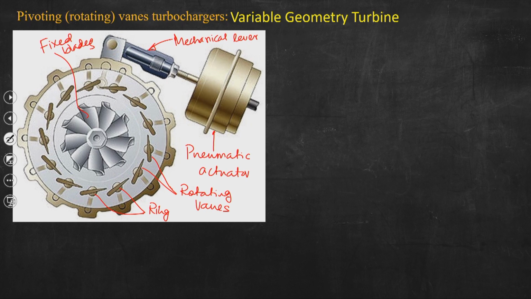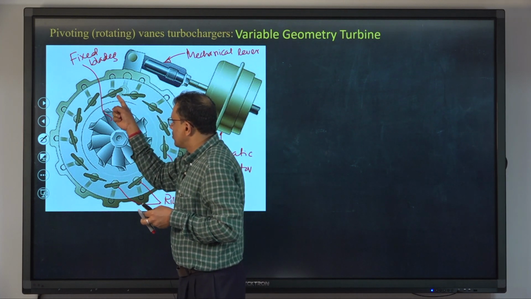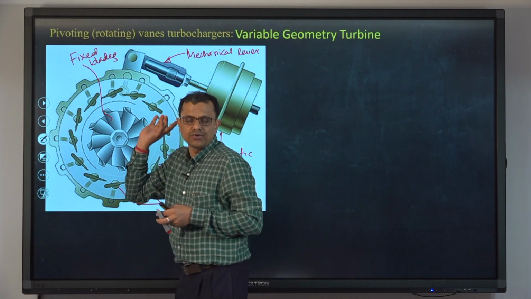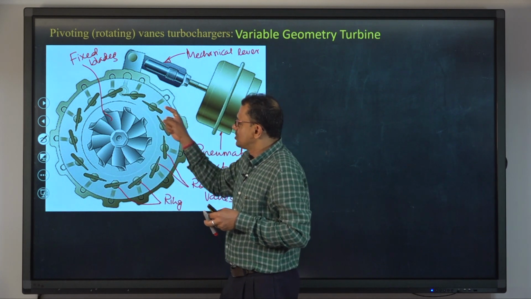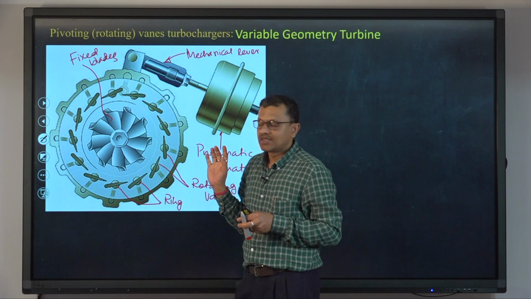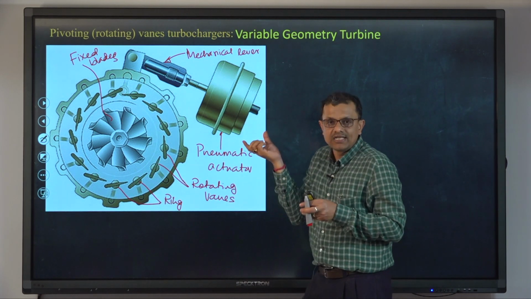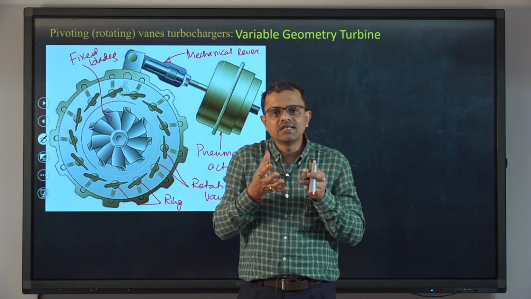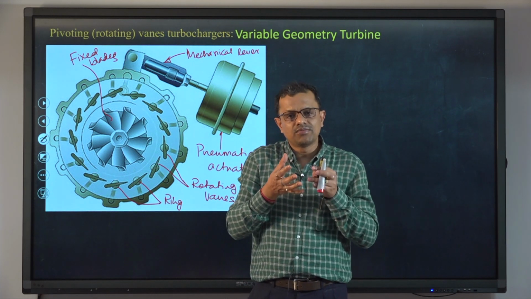As I said, these vents are rotating vents which are pivoted on the ring, which is adjustable, and we can control the passage between two consecutive rotating vents through this adjustable ring using this pneumatic actuator. The pressure inside this pneumatic actuator is controlled by the engine control module.